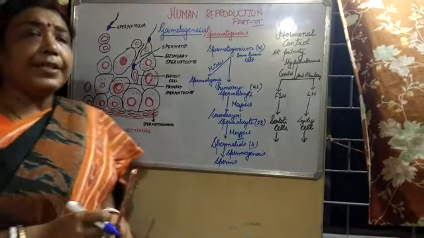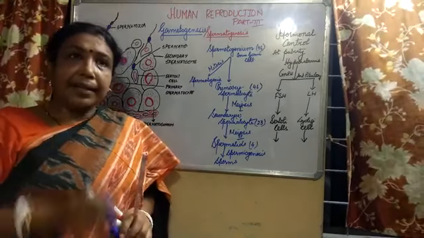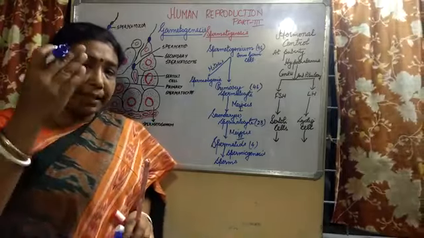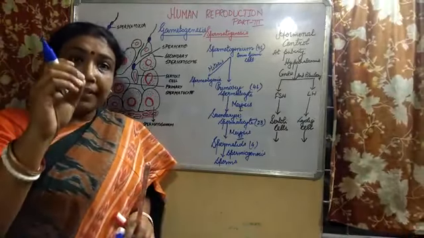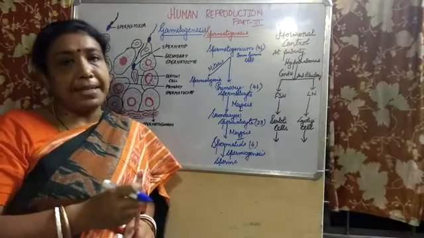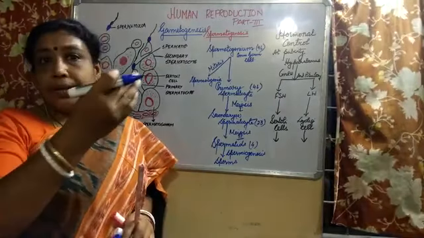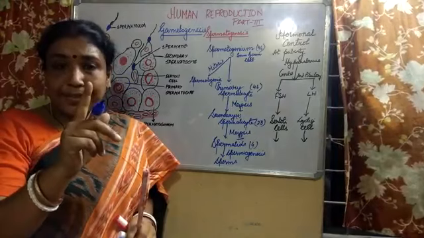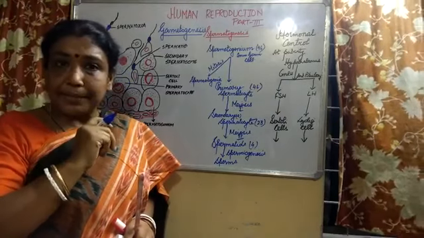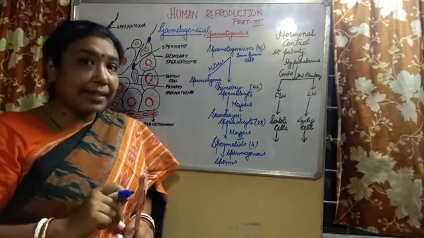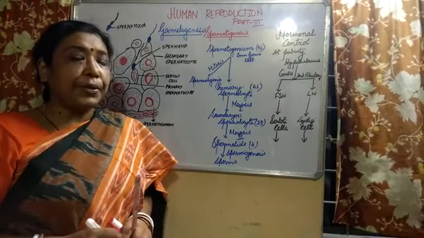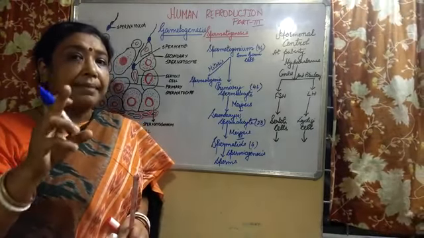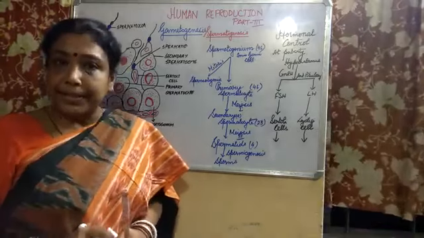You all already saw in the sectional view of the testis that the inner wall of the seminiferous tubules consisted of two types of cells. One was a male germ cell and the other was the Sertoli cell. Do you remember? Those immature male germ cells will ultimately produce the male gametes.